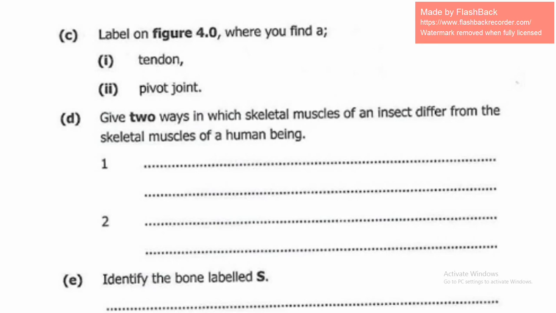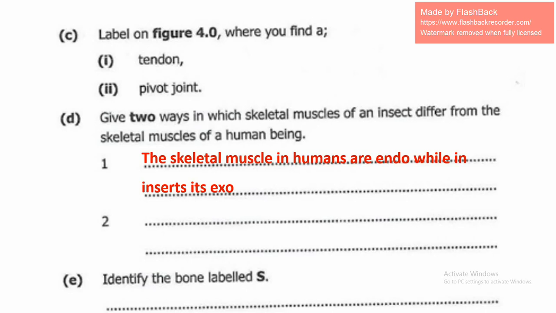If you have looked at how a grasshopper looks, you will be able to agree with me to say yes, the skeleton of a grasshopper is exo, it is outside. Okay, so that is the first difference. They want 2 differences, so we can write that. So we're saying the skeletal muscle in humans are endo, while in insects are exo. Okay, as simple as that.